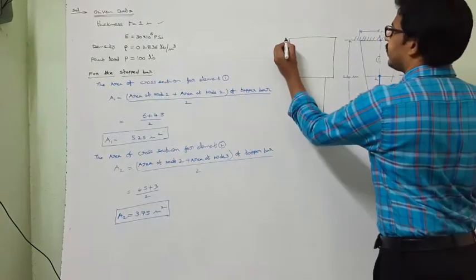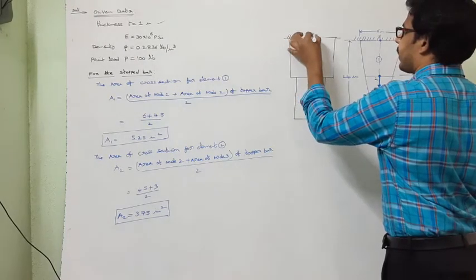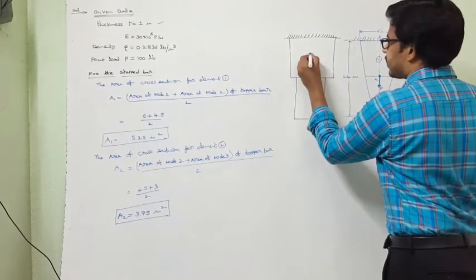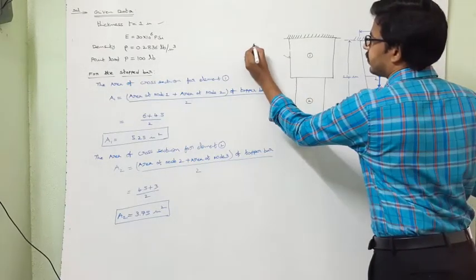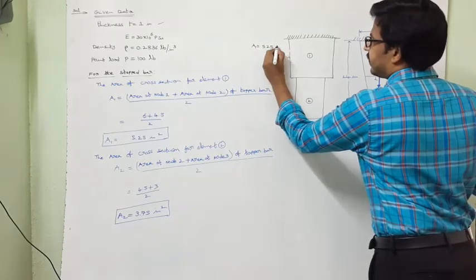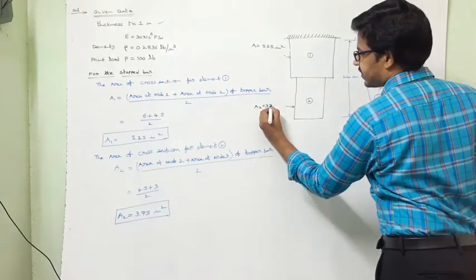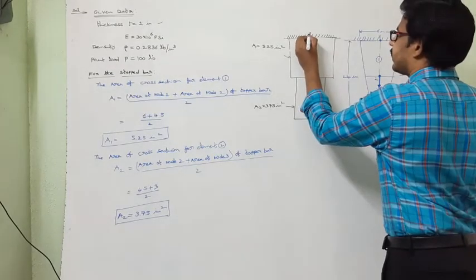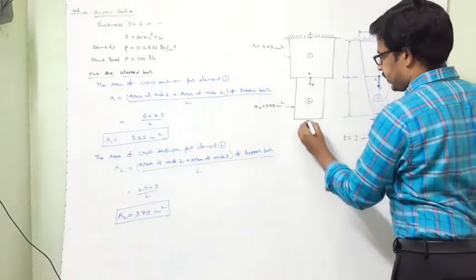We need to convert it into a stepped bar. So here this is the first element, this is the second element. So A1 is equal to 5.25 inches square, A2 is equal to 3.75 inches square. So here node 1, node 2 and node 3, and the point load is acting downward in the x direction.